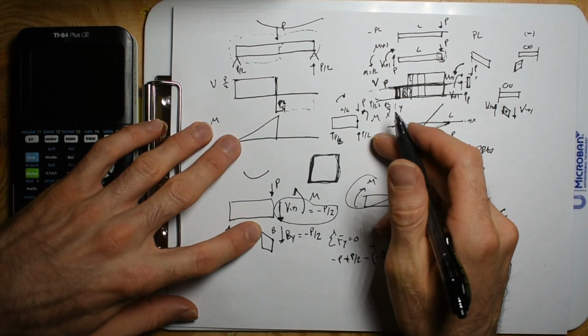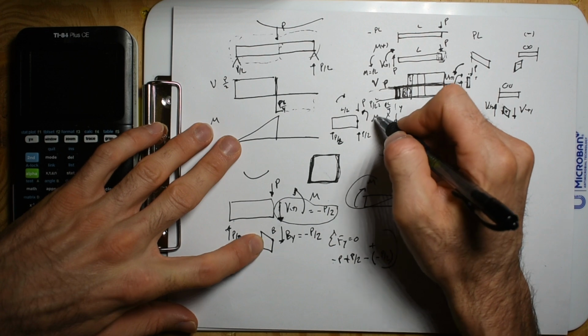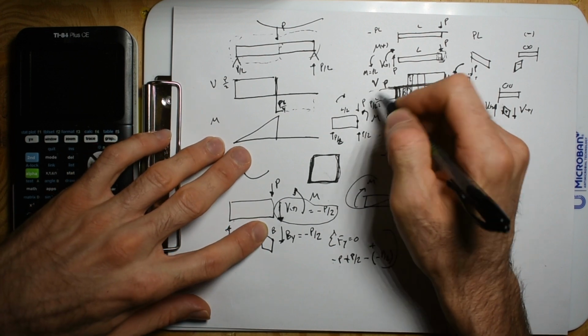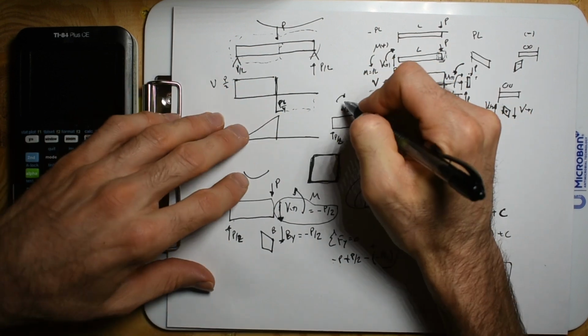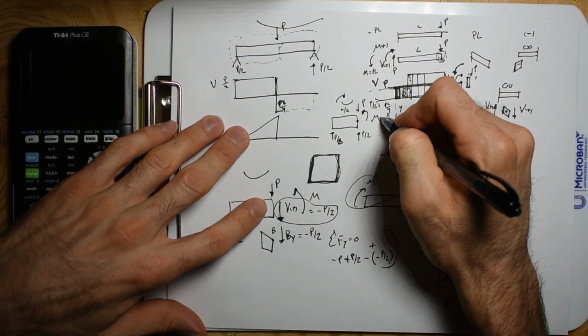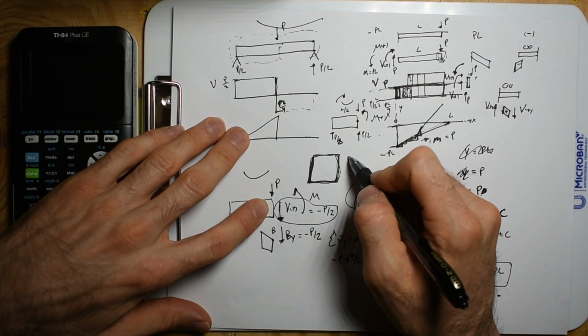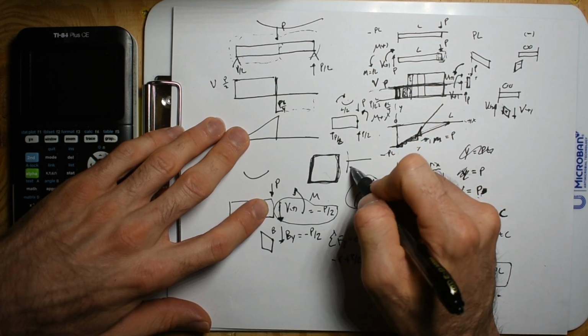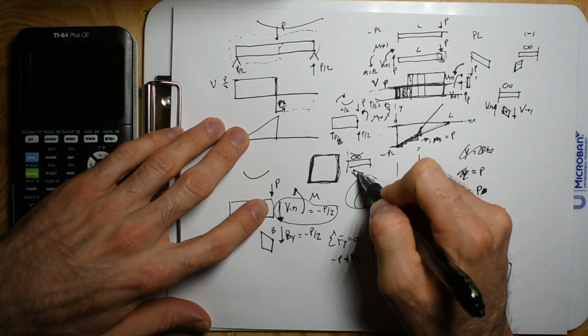Okay, cool. So now we need to figure out, is this going to be positive? This moment's going to make it a smiley face, so that's really easy to see. So we know that's a positive moment. We know this force is up, so by sign convention, on this right side, if we drive a car over a cantilever, it's going to be that way, and we know this is positive.